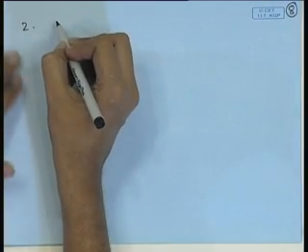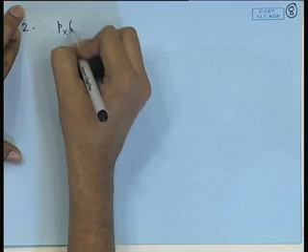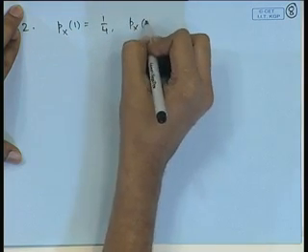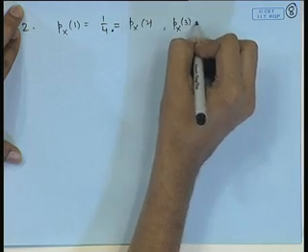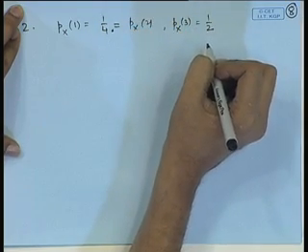Let us look at the next problem, that is Px1 was 1 by 4, Px2 was 1 by 4 and Px3 was half. That is the number of trials needed for getting the defective bulb.